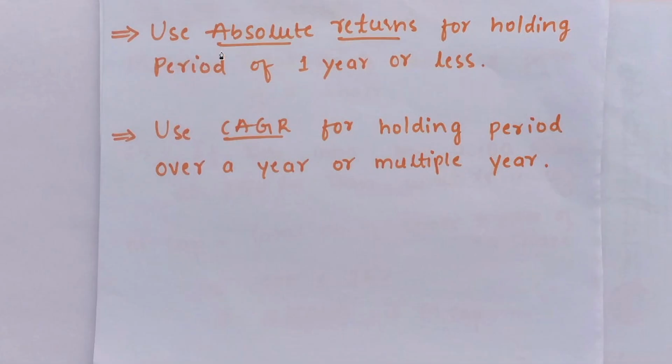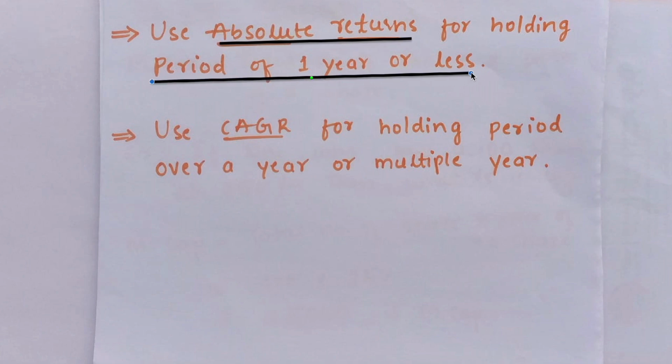Now let's learn the difference between absolute returns and CAGR, the compound annual growth rate. Absolute return is valid for calculating returns for a period of 1 year or less than 1 year, for example 6 months, 2 months or 3 months.